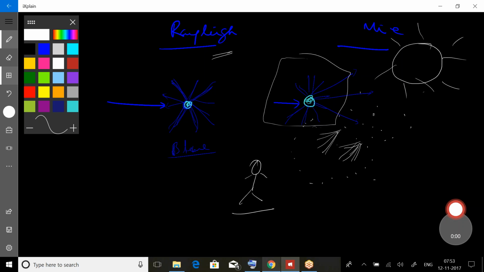But as we move away from the sun, as this person is looking behind him, this region he is finding more blue, and this region he is finding more white.